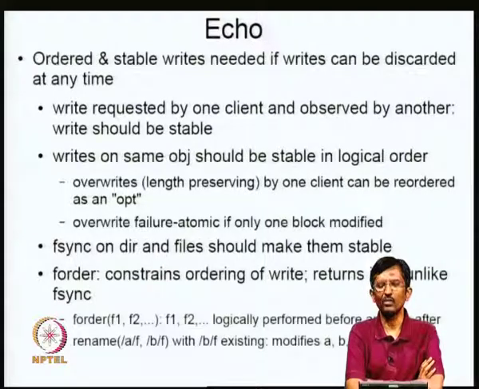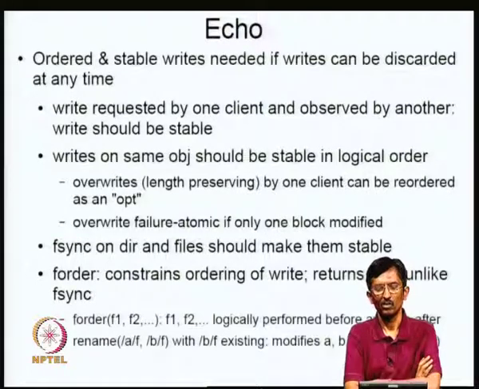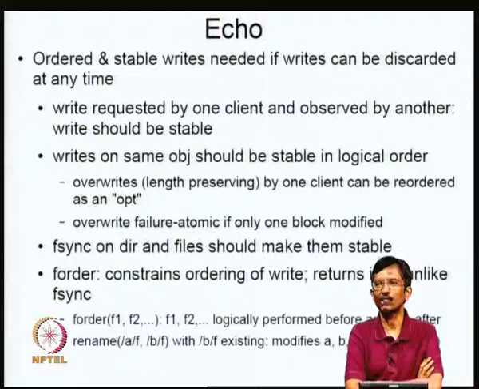So, if there are multiple writes, some at, for example, 1 megabyte, some at 4 megabytes, some at 512 kilobyte offset of some multiple blocks, then it can be reordered as an optimization. Okay. So, this is one thing they are willing to relax. Okay.